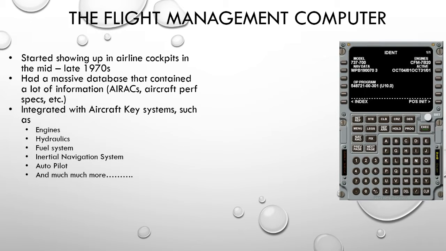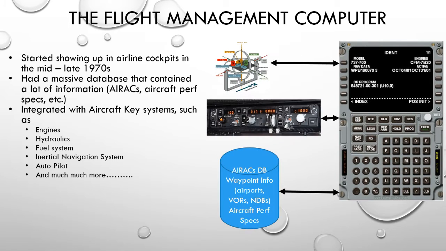It was also integrated in the back end with the various aircraft systems. So what we have was this flight management computer. It was integrated with the INS from a navigating perspective. It was integrated with the guidance panel or the autopilot, and it was also loaded with a ton of information.